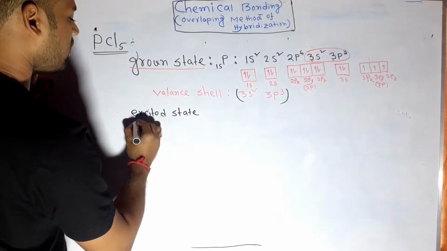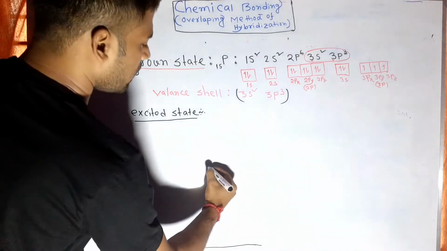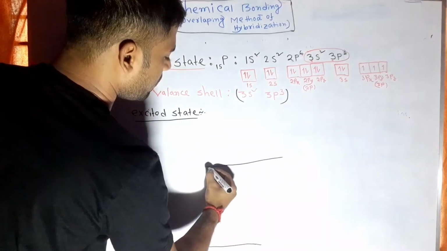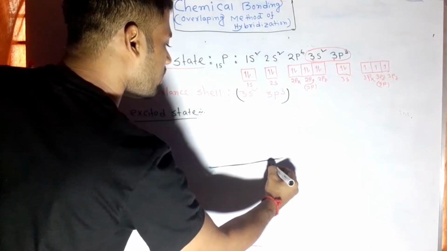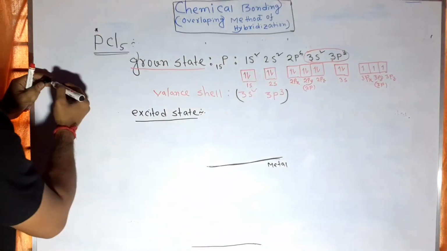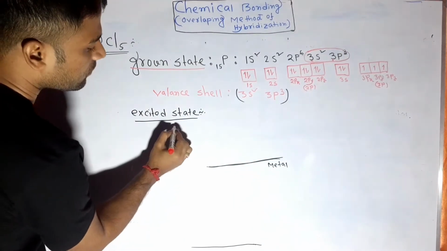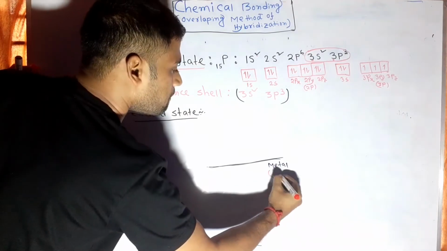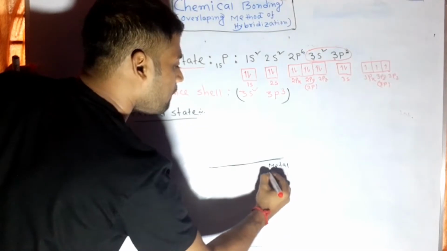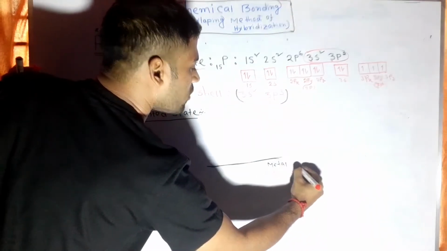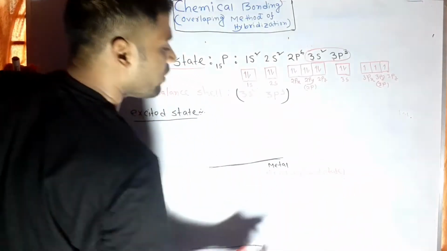What is the meaning of excited state? Suppose a metal surface, made of any metal. The metal at rest is in ground state configuration.